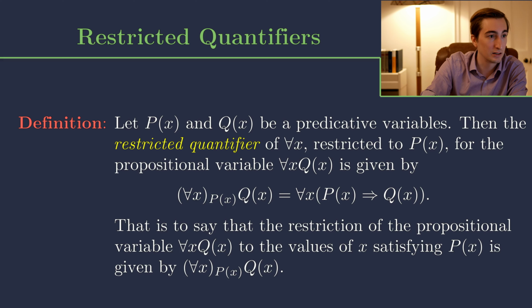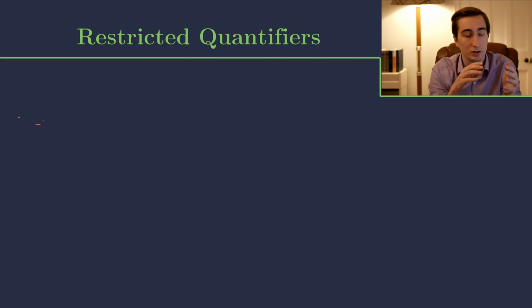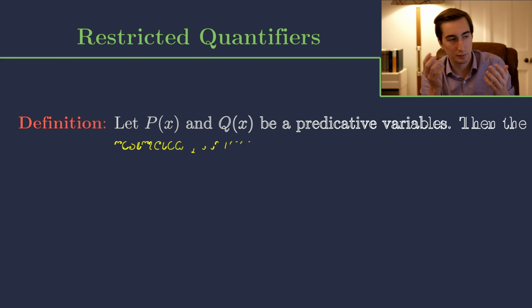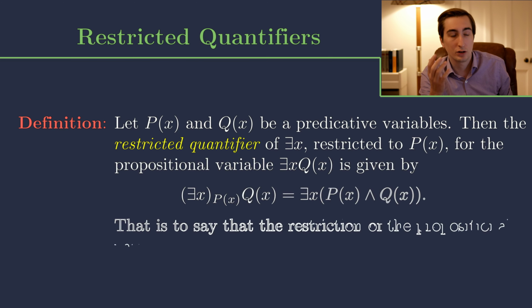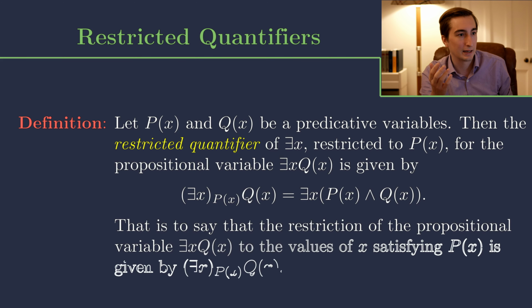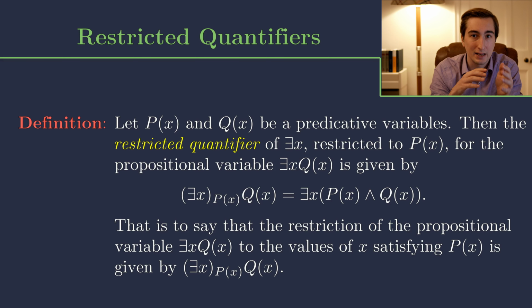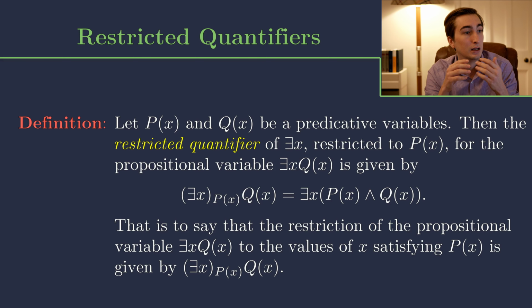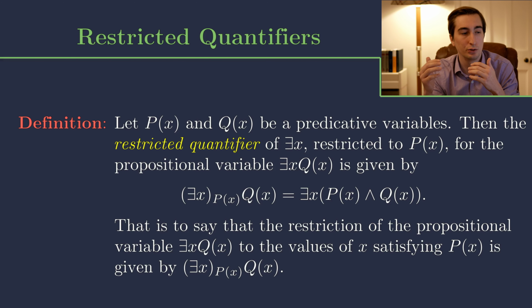Similarly, that leads us to our next definition, which is the restricted quantifier for an existential quantifier. Like before, we take P of x and Q of x to be predicative variables. Then the restricted quantifier of there exists x restricted to this predicative variable P of x, for the propositional variable exists x Q of x, is given by the following, which we write as there exists x subscript P of x, Q of x, and that is now written as exists x, P of x and Q of x.